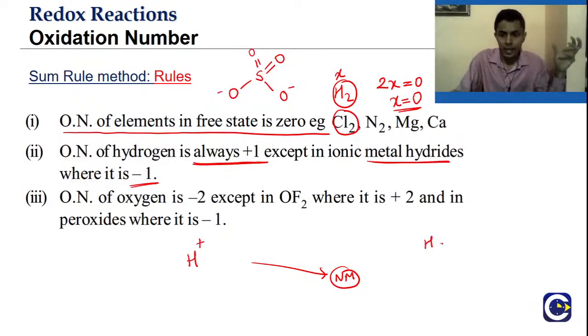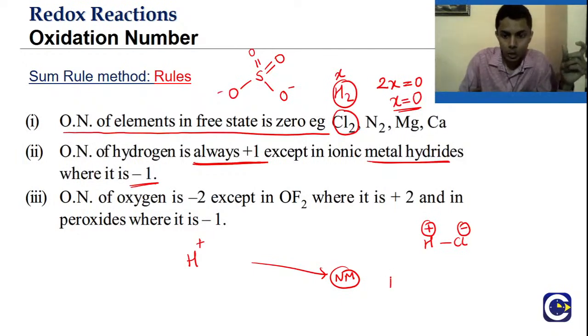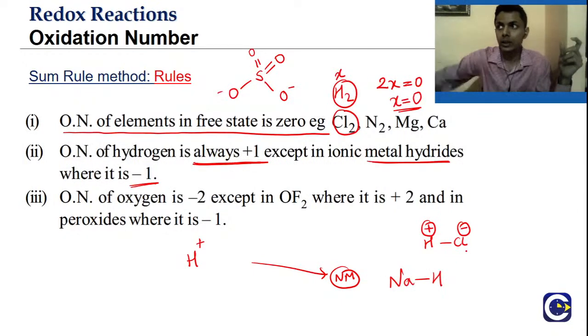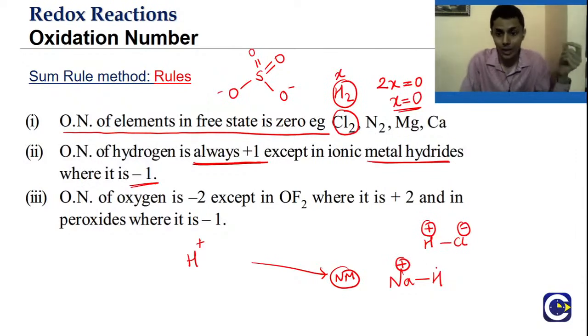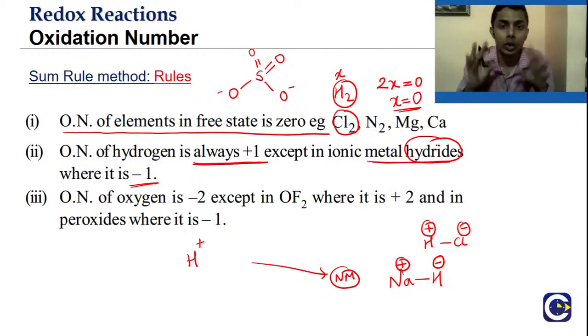For example, if you take H and Cl, hydrogen will have a notional charge of plus and chlorine will have a notional charge of minus. But when you take, let's say, sodium and hydrogen, sodium will have plus because sodium is electropositive, and hydrogen is now electronegative. So whenever hydride comes in a question, if they ask lithium hydride, you should know that hydrogen will have minus 1 oxidation number. Hydride means minus 1.